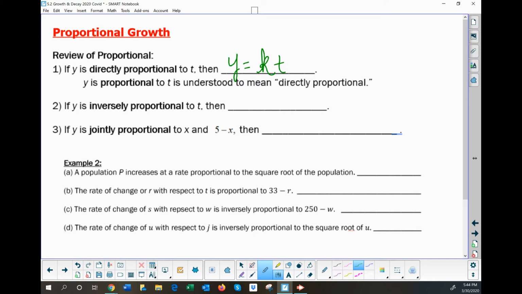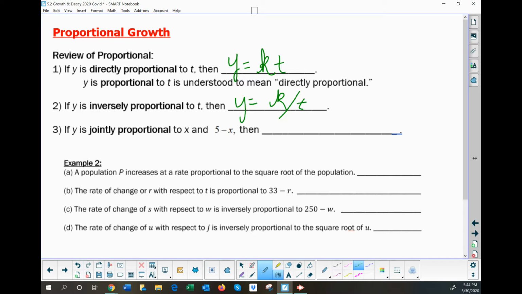If y is inversely proportional to t, then y equals k times 1 over t, or k divided by t. And that gives us an inverse relationship. So as t increases, y decreases.